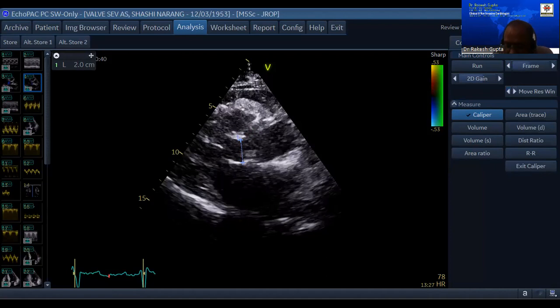Suppose you cannot do a correct area, then how do you depend on aortic stenosis? Anybody? The dimensionless index. Correct. What is dimensionless index? LVOT VTI divided by AV VTI. What is the ratio? Less than 0.25 is severe. That is considered as severe aortic stenosis.